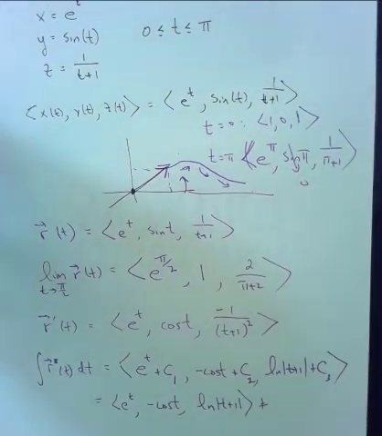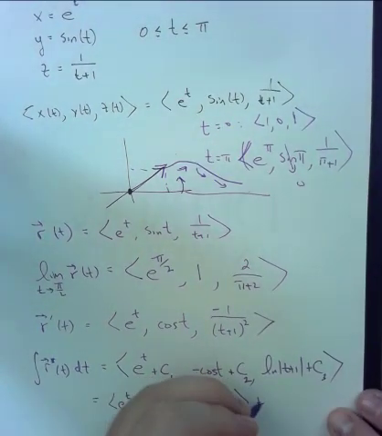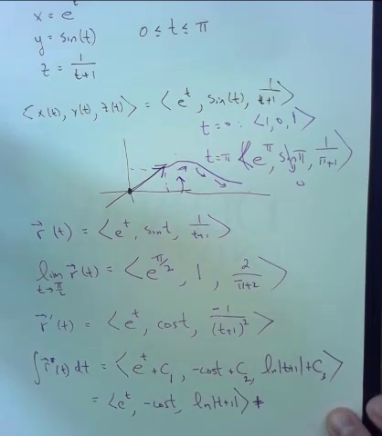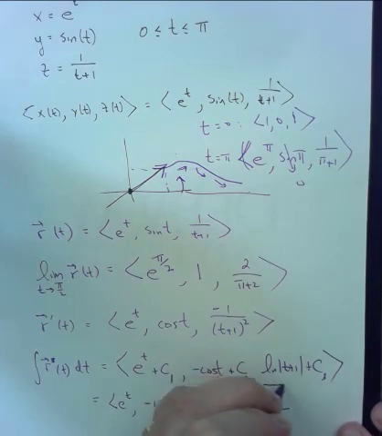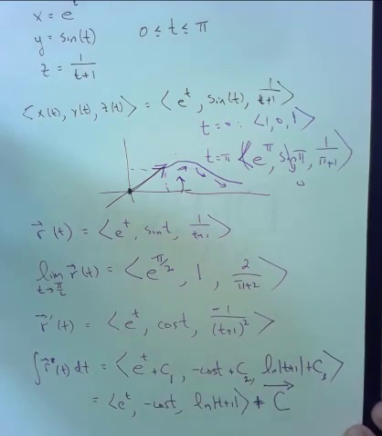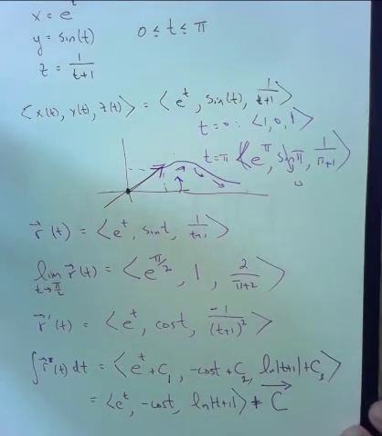I'm at the very end here, so I don't want to change paper. If I take e to the t, negative cosine, natural log as one vector, I could add on a vector of c1, c2, c3, which is just a vector with 3 arbitrary components. So let's call it an arbitrary vector. This is really the subtle difference in antiderivatives of vector functions: you don't just generate one arbitrary constant, you actually generate an arbitrary vector.